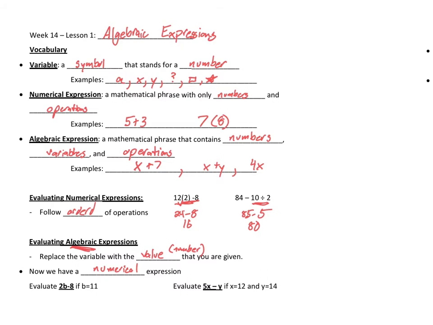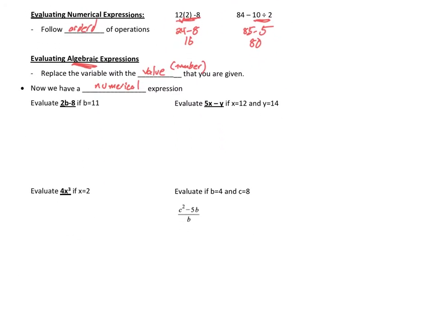All right, so if we look at an example of this, 2b minus 8, if b equals 11. So what I'm going to do now is take the b out and plug 11 in. For this b, I put 11. Now it's not 211 though, it means 2 11s. So 2 times 11. So now I'm going to follow order of operations. 2 times 11 is 22, minus 8, which is 14.